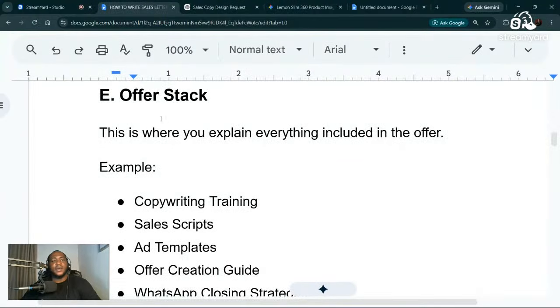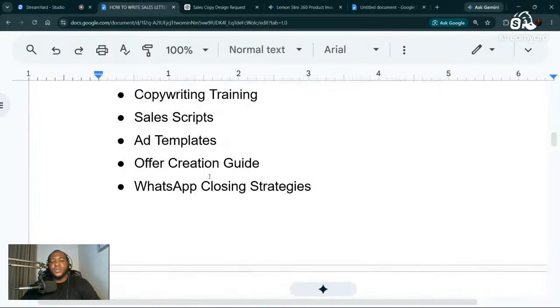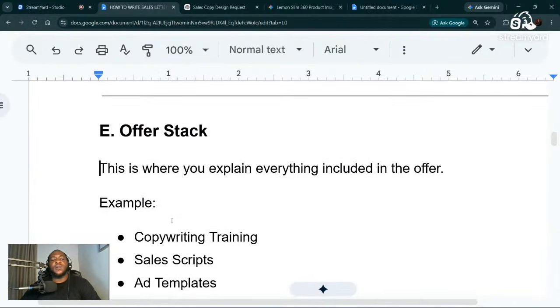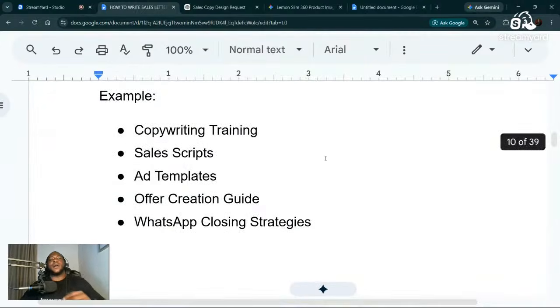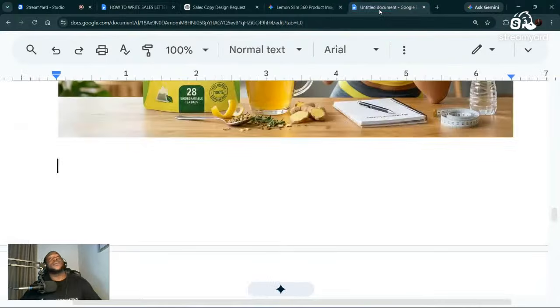Then after we introduce the product, the next thing we need to do is value stack. It's called offer stack, right? Are you guys with me? Now, what is this offer stack all about? This is where you explain everything included in the offer. You understand? So now let's go and craft out the offer stack.